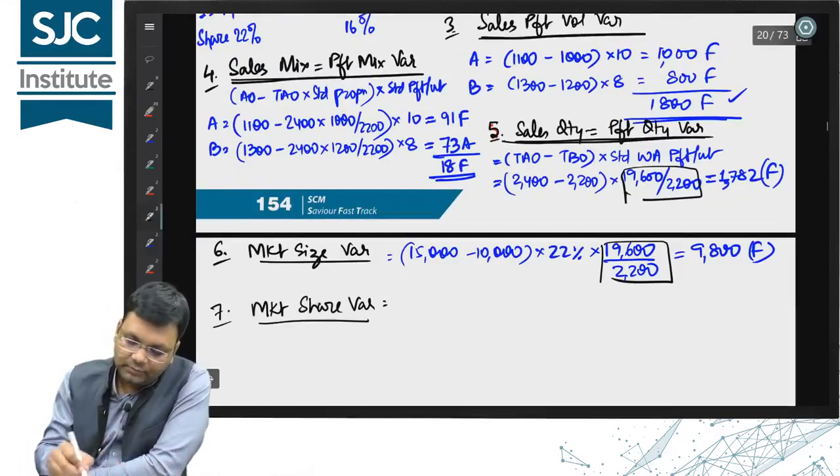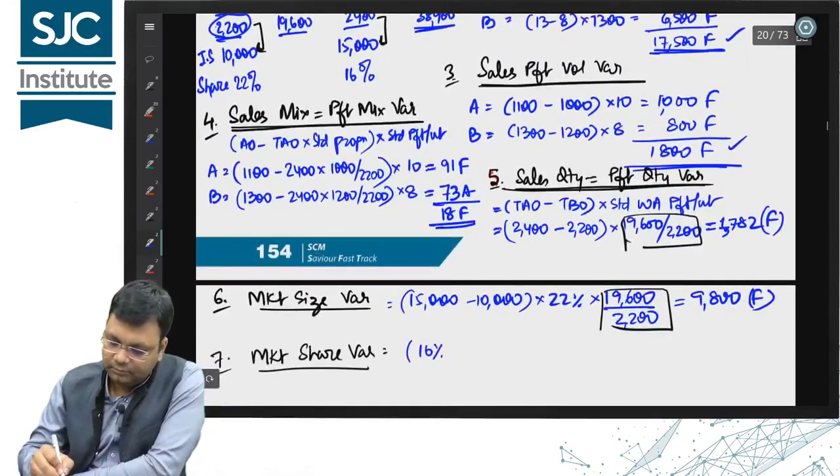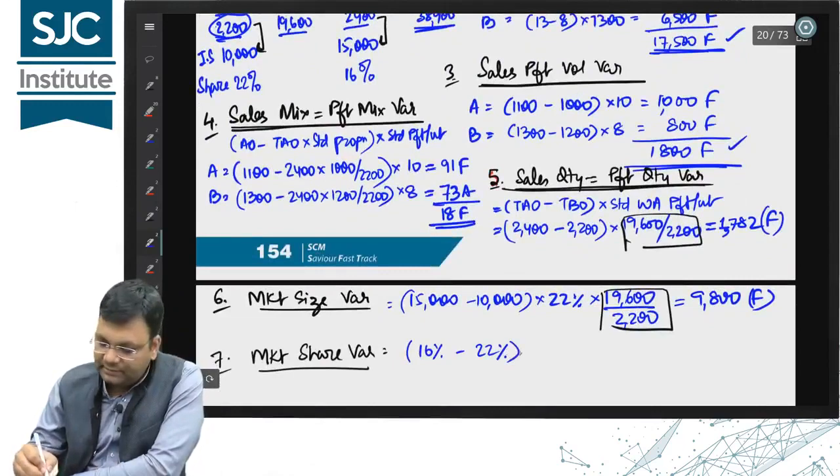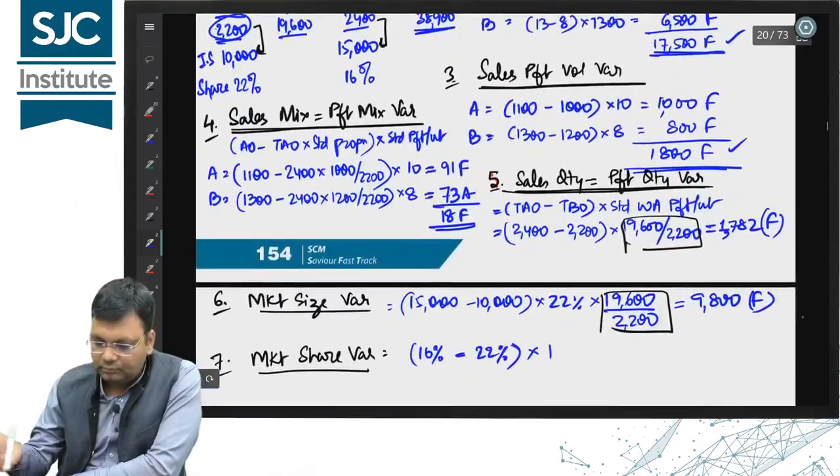Share variance is about 16% minus 22% multiplied by actual industry size, which is 15,000, into 19,600 by 2,200.